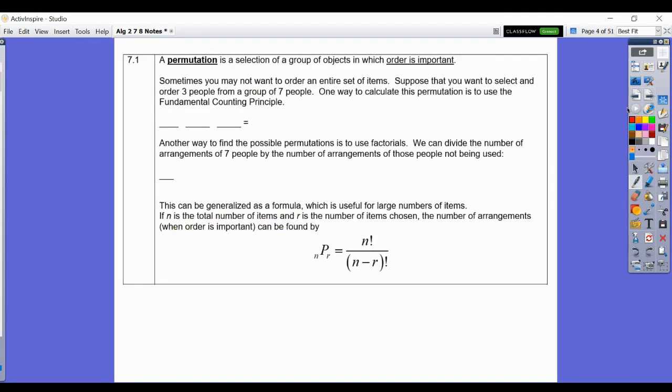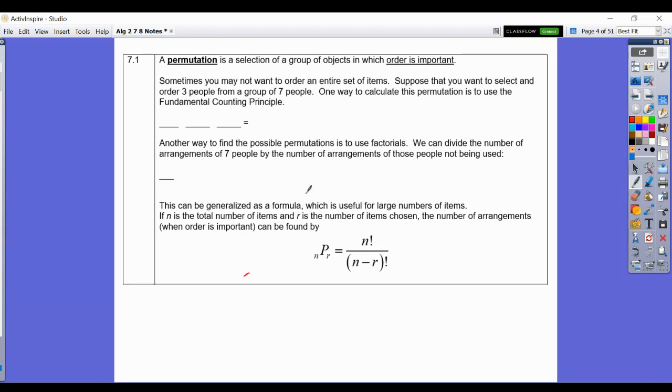So when we are talking about how things are arranged in different ways, we talk about whether the order that they're in matters or not. So a permutation is a group of objects in which the order is important. If you are pulling names out of a raffle for first place, second place, third place, the order matters because the first place prize is usually better than the second place.